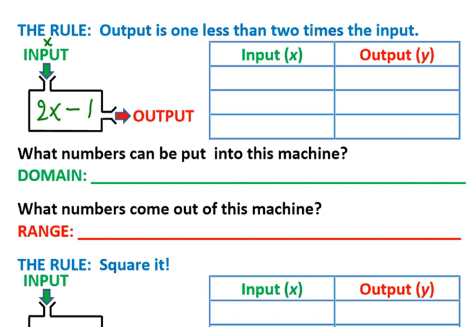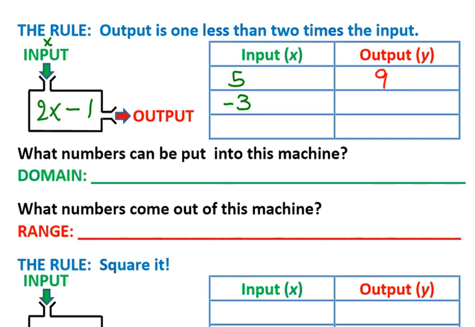If we input, for example, a 5, I'd have 2 times 5 is 10. 10 minus 1 is 9, and a 9 would be the output. Let's put in a negative this time, a negative 3.